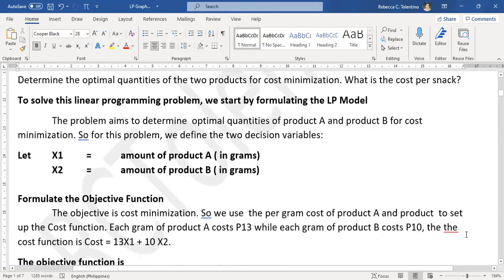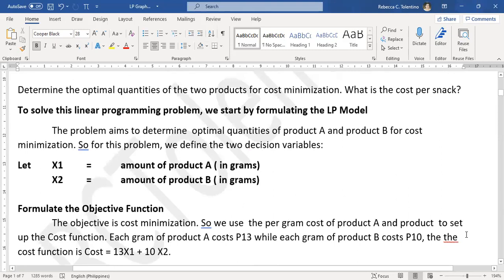So for the LP model, first we define the decision variables. We're using x of 1 to represent the amount of product A in grams. We are using x of 2 to represent the amount of product B in grams.